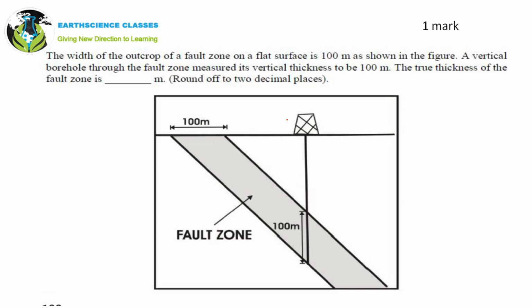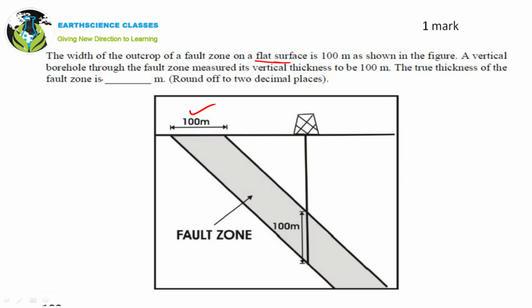And the width of the outcrop, what is given in the question, the width of the outcrop of the fault zone on a flat surface is 100 meter. The diagram is already given, so nothing more to imagine here. So the width of the outcrop on a flat surface is 100 meter, what is given in the first line. And a vertical borehole through the fault zone is measured.